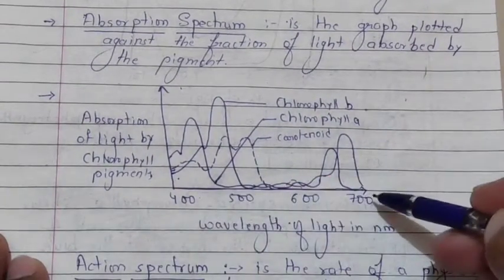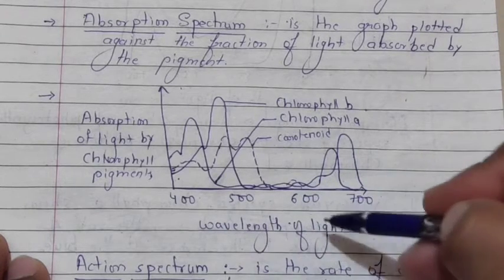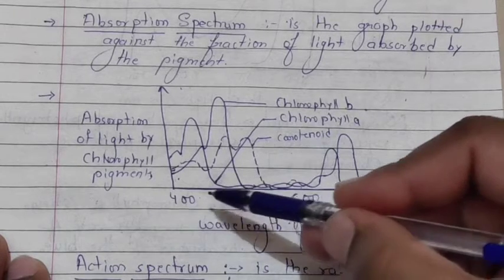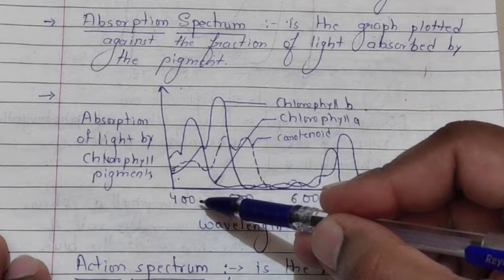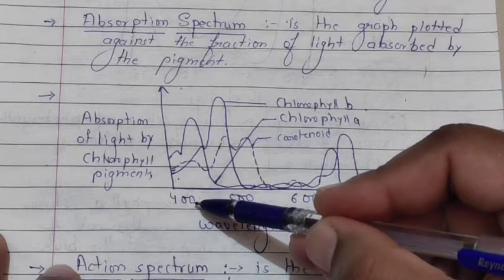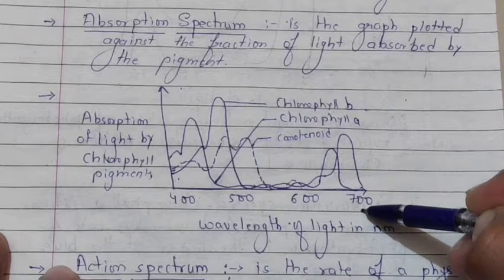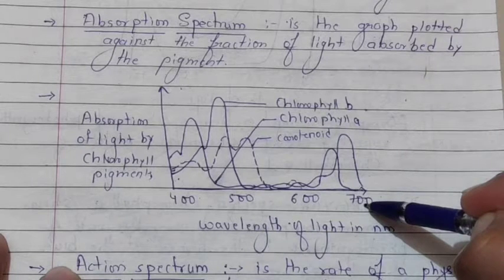This is the x-axis. Along the x-axis, we have taken the wavelength of light, written in nanometers. We know that visible light falls in the range of 400 to 700 nanometer, right?